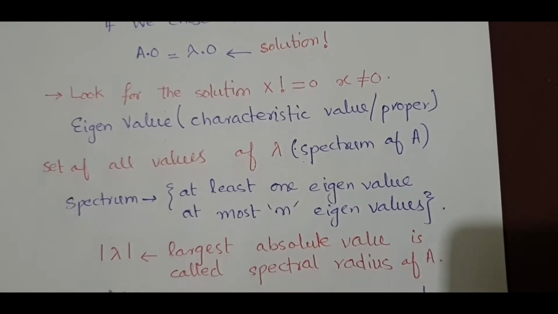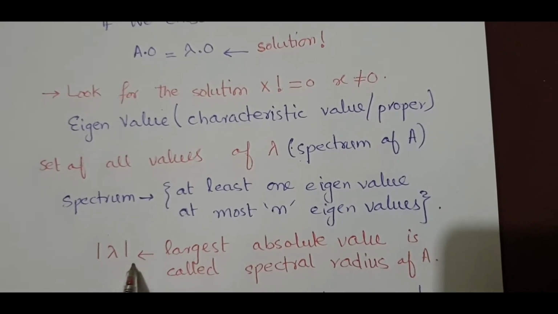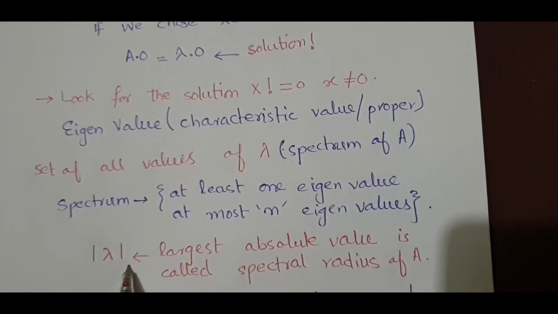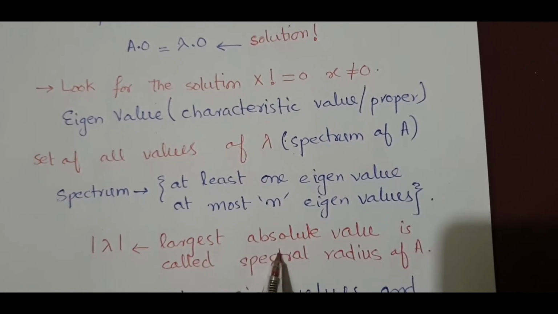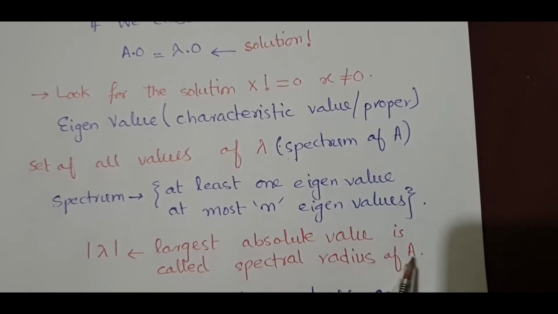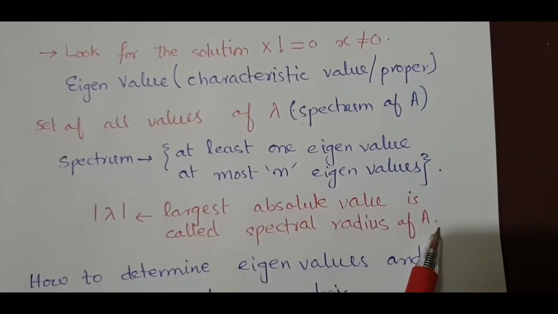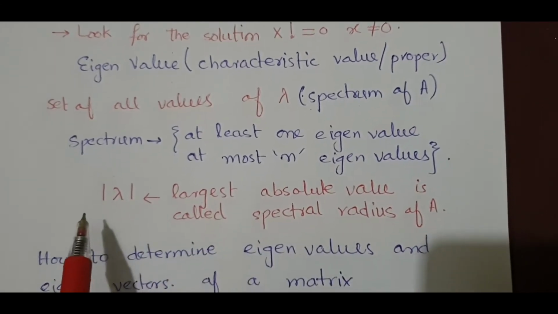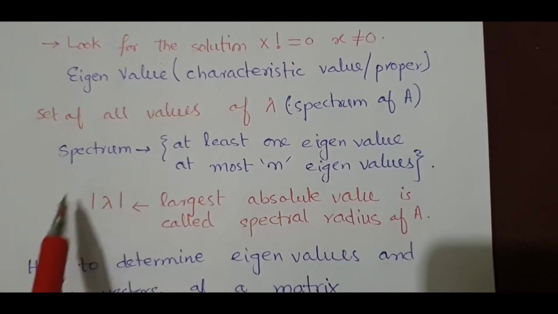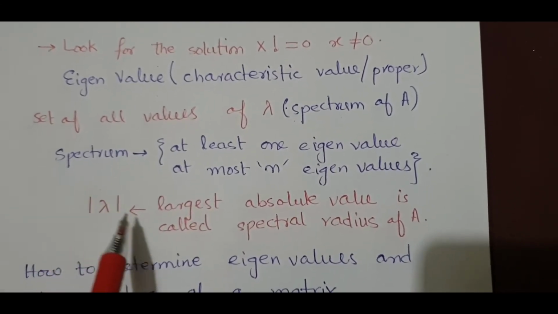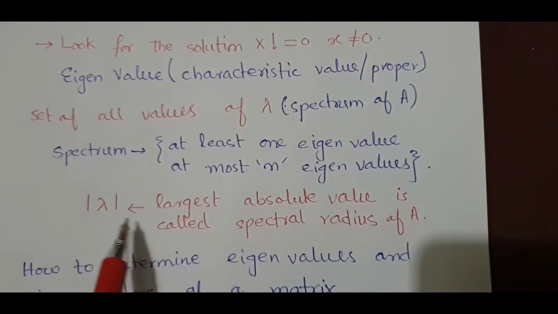And the magnitude or absolute value of your eigenvalues is called the spectral radius of your coefficient matrix A. We will see later on the meaning of this spectral radius with an example.